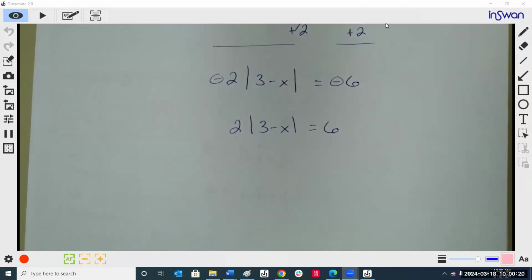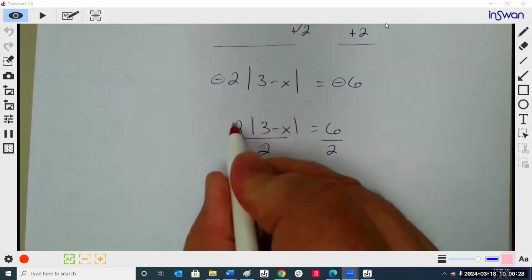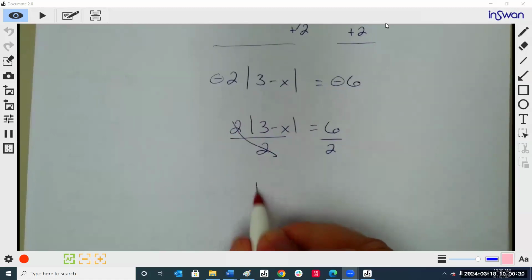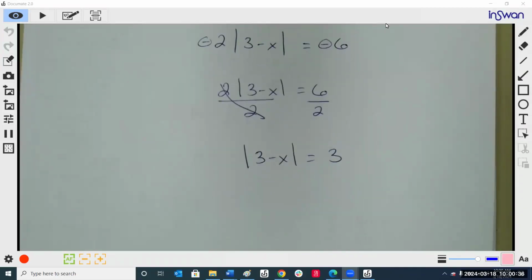Then divide by 2, get rid of the coefficient, because you have to have the absolute value by itself. Then what?